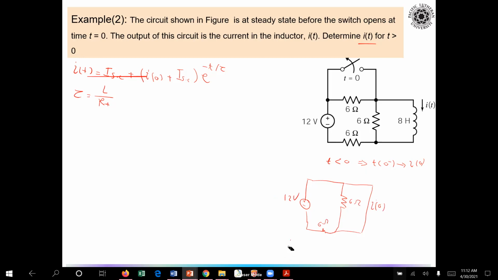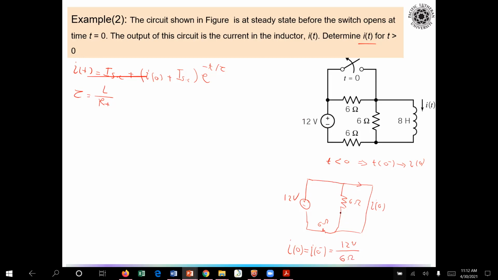What does the current i(0) equal, guys, from the circuit? Just to be clear, we can call it i(0 minus). How can we find the current, which is the current in this branch? How much? Would it be 12 volts divided by 6 ohms? 12 volts divided by 6 ohms, that's correct.